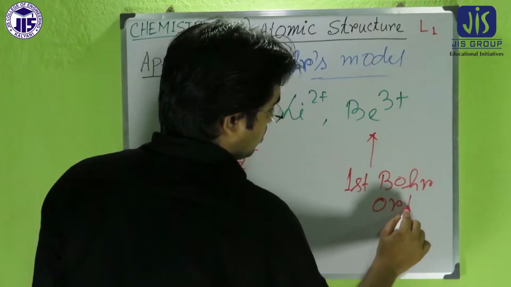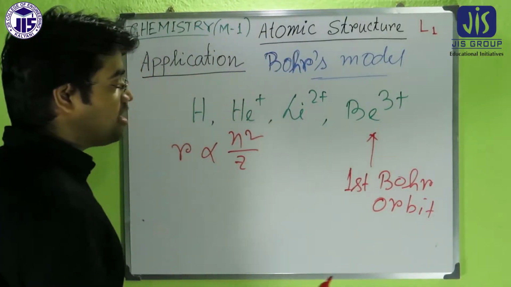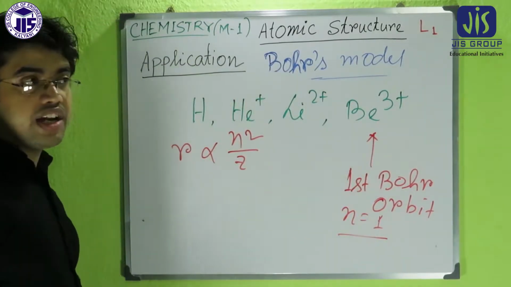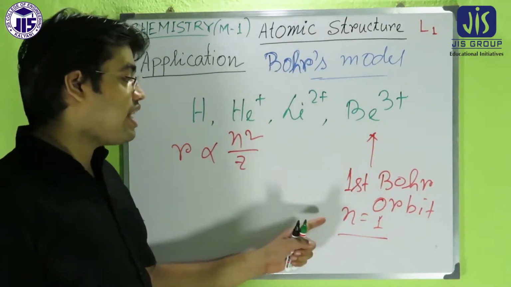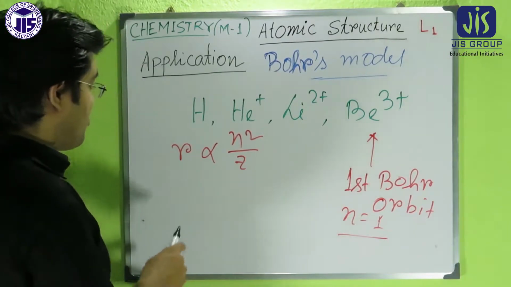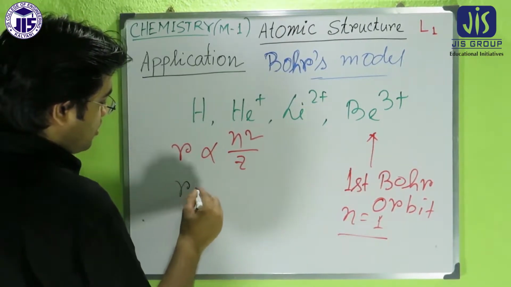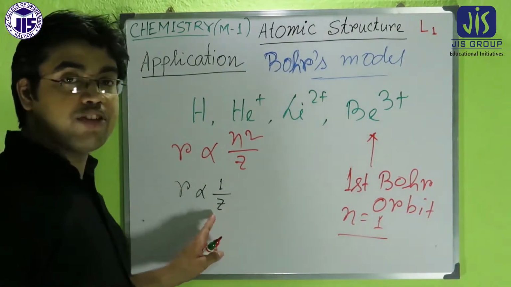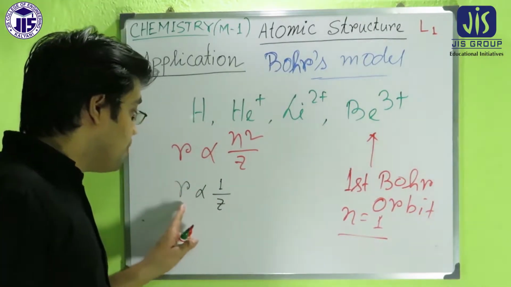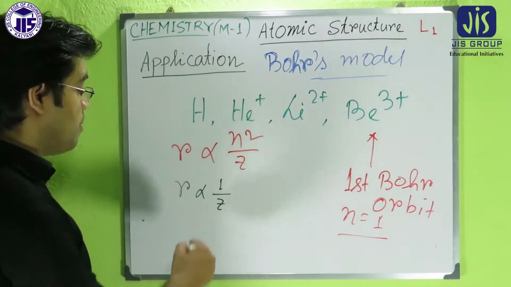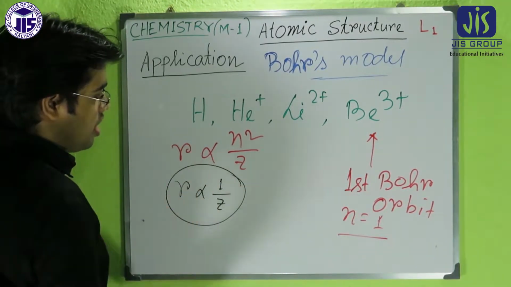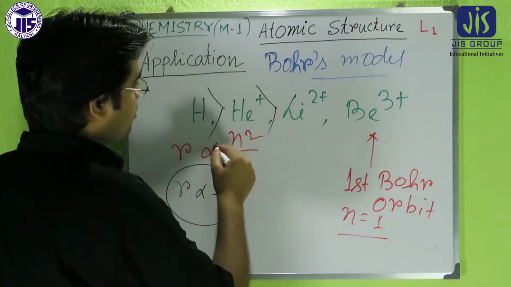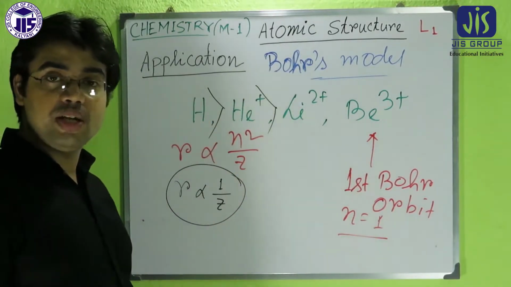So here n equals 1, and the remaining part is proportional to 1 by Z. With increasing atomic number, the radius will decrease. So it is inversely proportional.